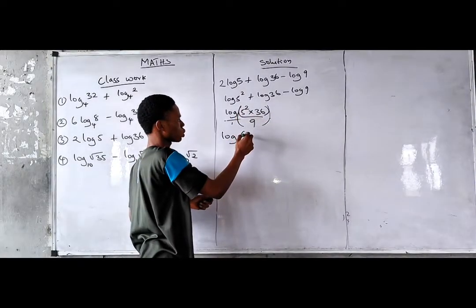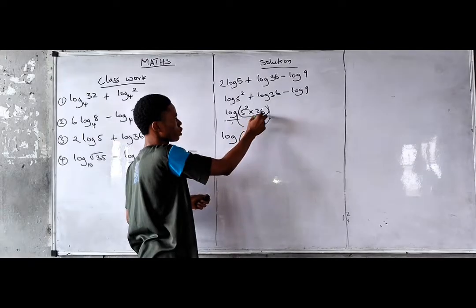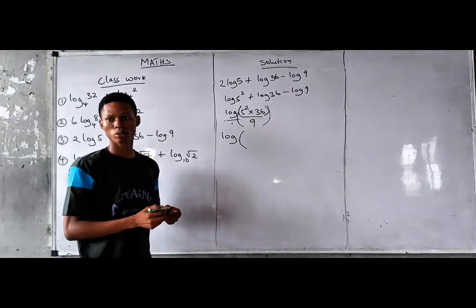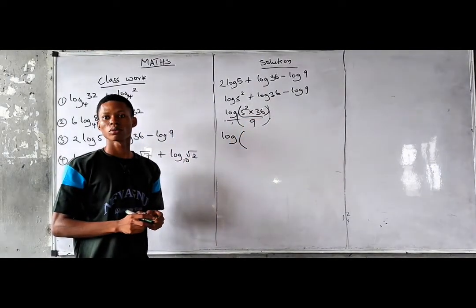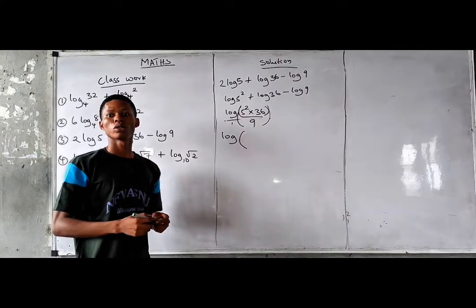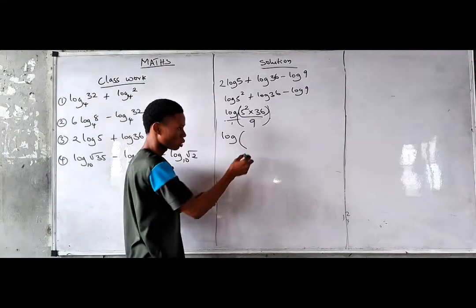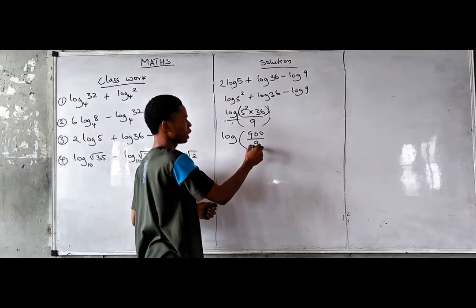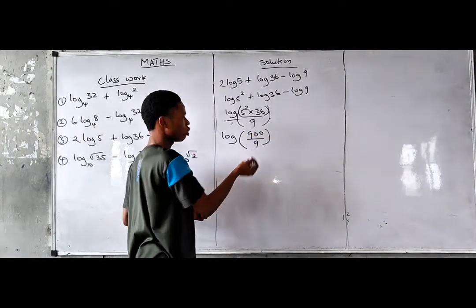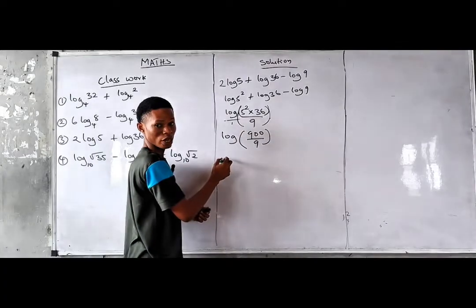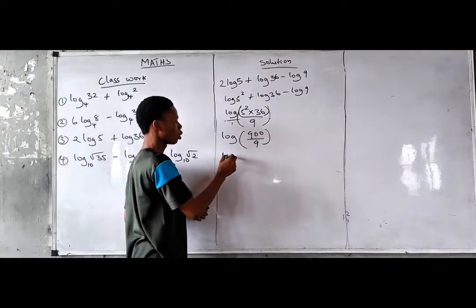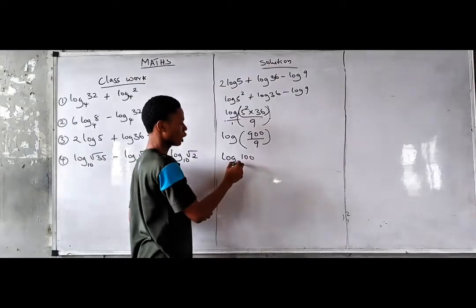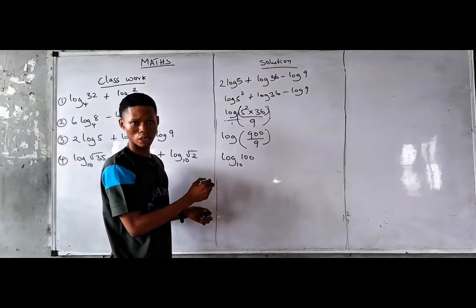5 square is what? 25 times 36 is what? 900. So 900 all over 9, right? 900 over 9 is what? 100, right? So we have log 100. And you know, remember it's in base 10, right?